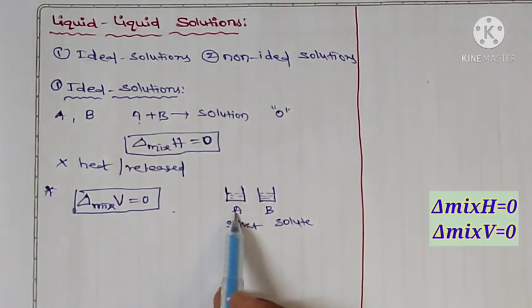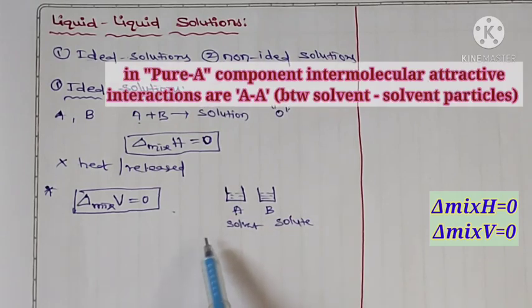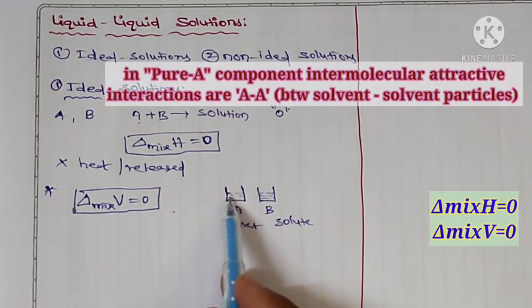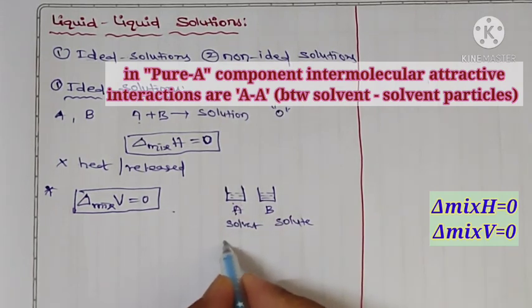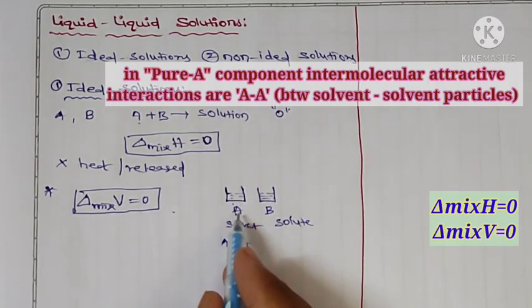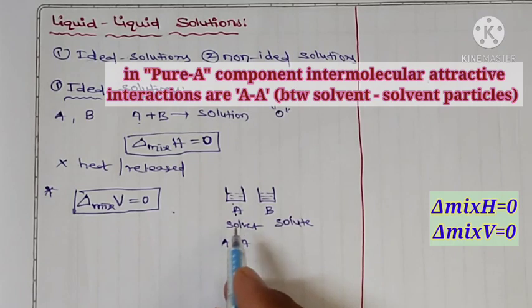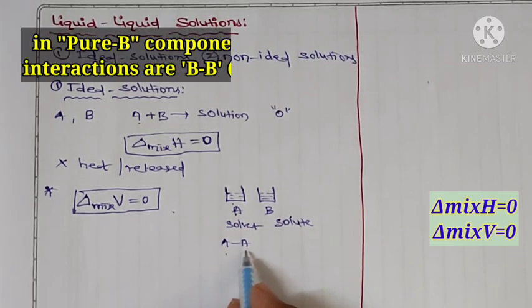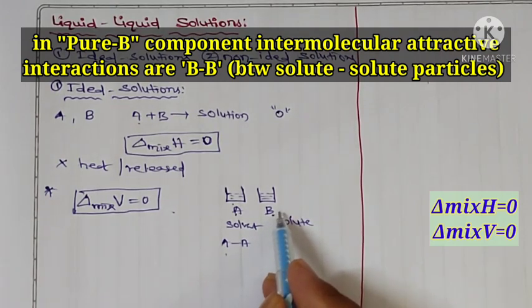So the two components are A component and B component. In pure A component, there is no B component. In pure component A, the intermolecular attractive interactions are A and A, meaning between the solvent and solvent. And in pure component B, why is it called pure? Because it is only one component.